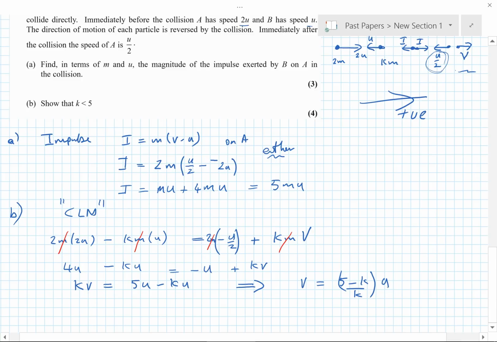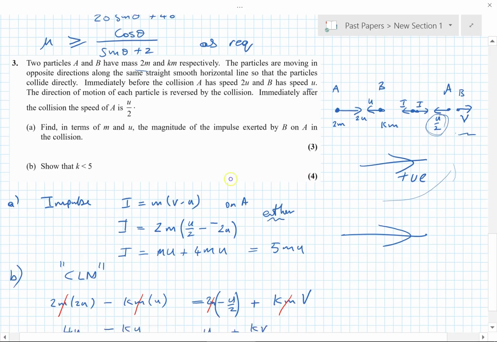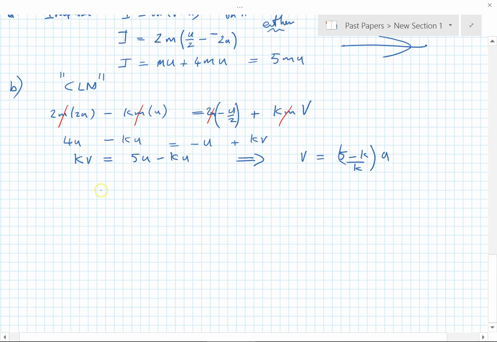Right, so what are we going to do with this? Well, the point is, the question says that the directions of the things are reversed. So v has got to be going in this direction here, and we've set this one up with the positive being in this direction. So v has got to be greater than 0 because it says the particle's reversed, and that's how we set up our inequality. So we use the fact that v is greater than 0.